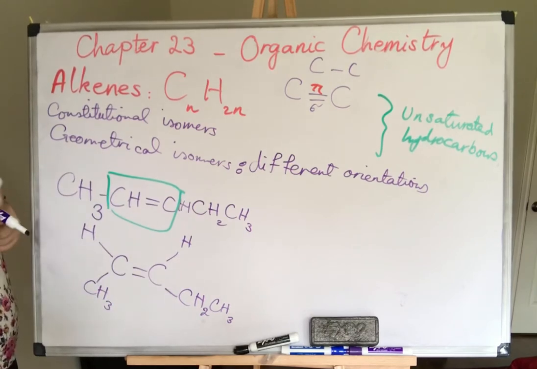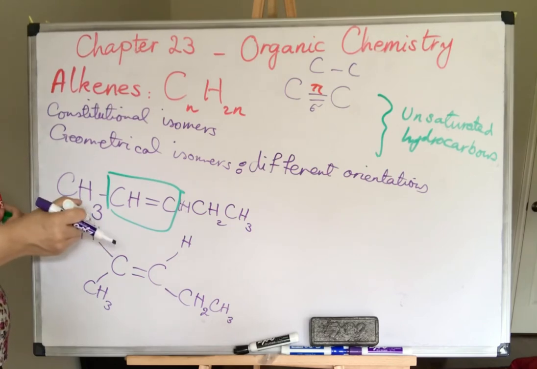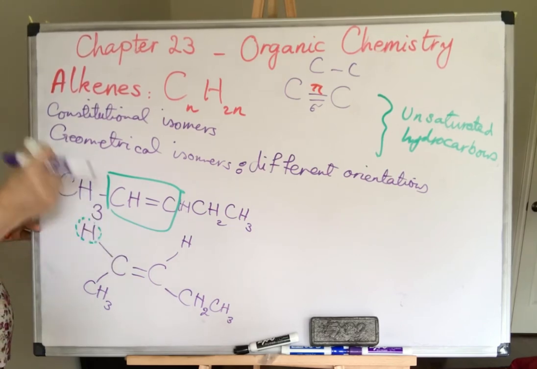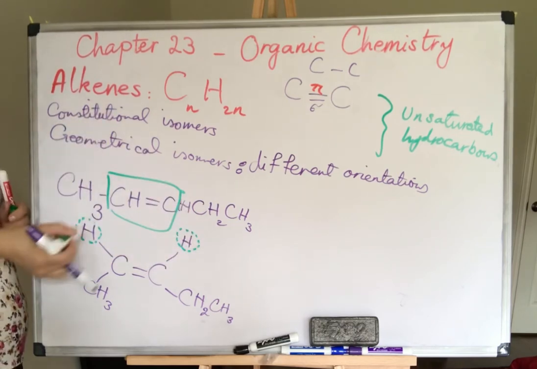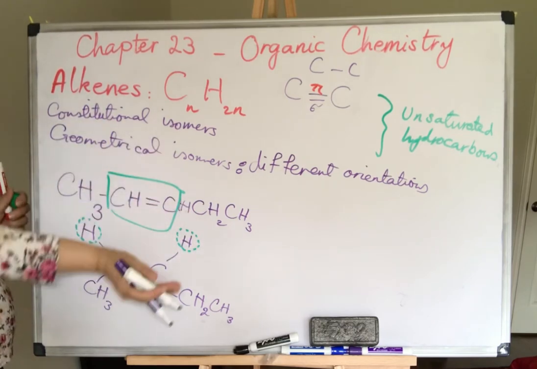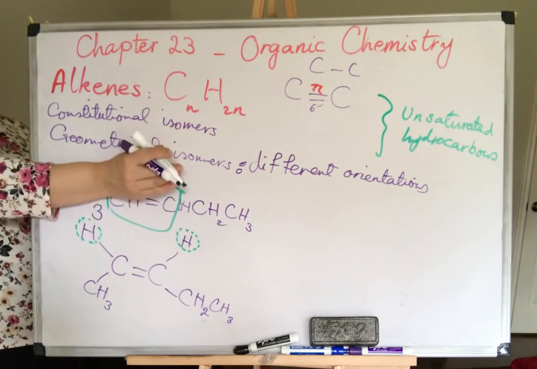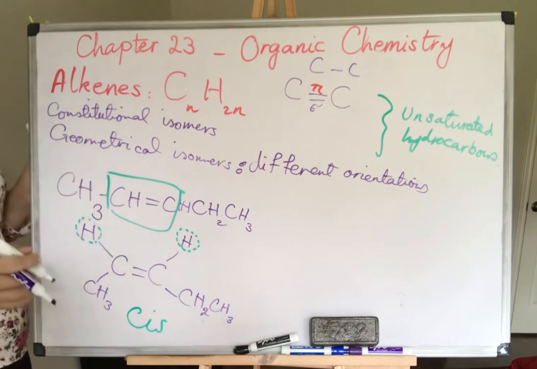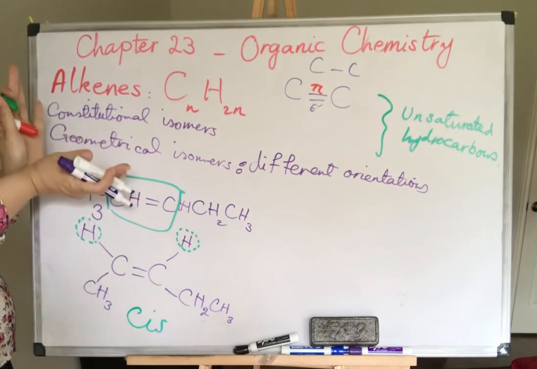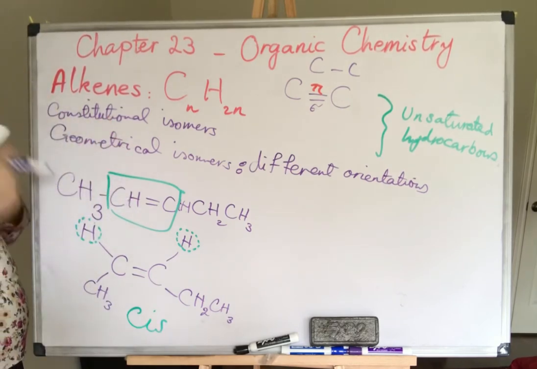Now, how to determine the geometrical isomers? You see a hydrogen and a hydrogen, right? We go by the hydrogens. When you see hydrogens on the same side of the double bond, both on the top side, you call it a cis isomer. The same side, it looks like a bowl, so you call it cis.